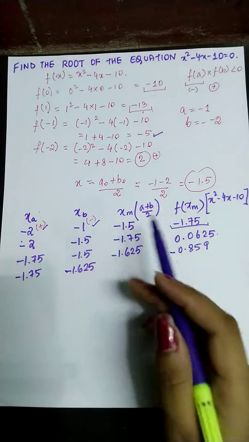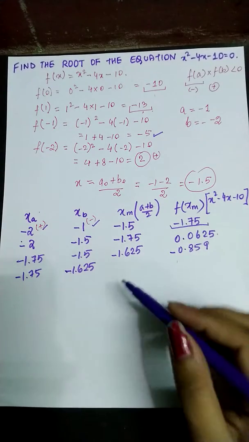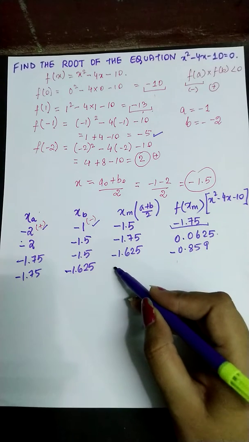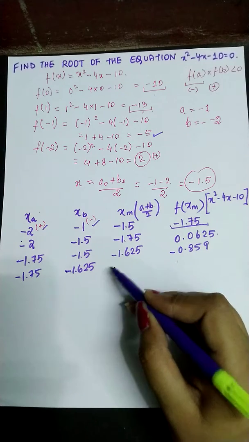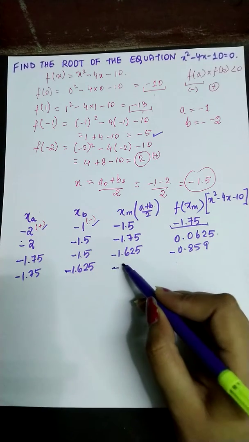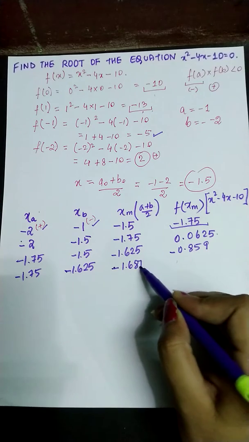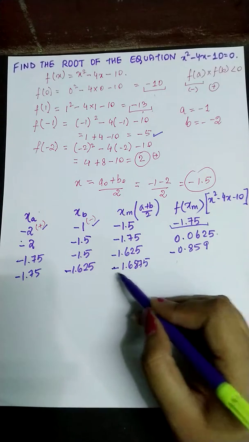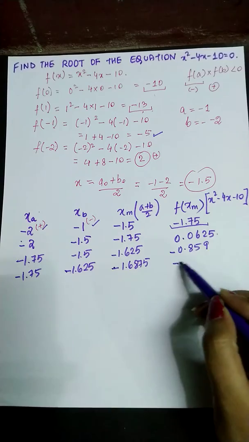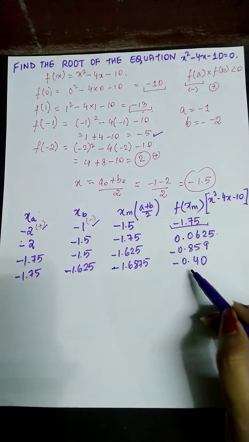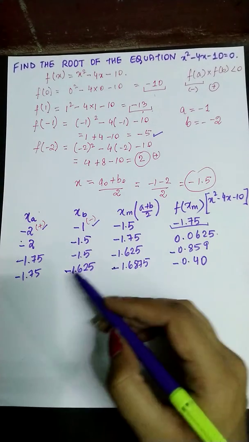You can see how we are converging, and ultimately we will find a value that matches our result. So the middle value between them is minus 1.6875. F of this value is minus 0.40. Again a negative value, so we replace this.